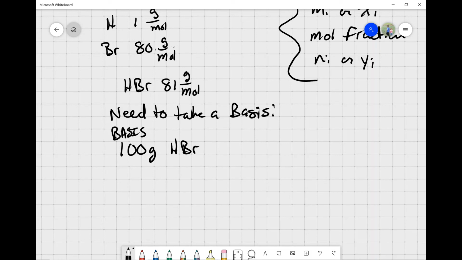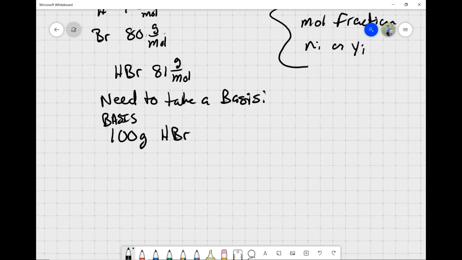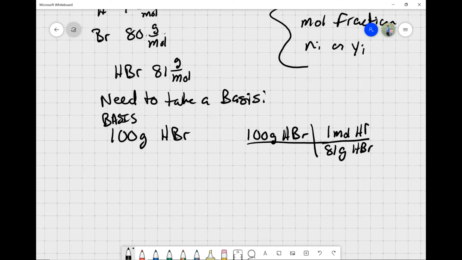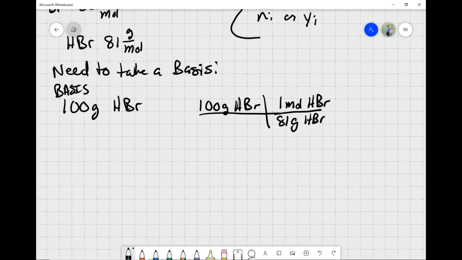So let's figure this out. We have 100 grams, and we already said that there are 81 grams in 1 mole of HBr. We're going to figure out mole fraction first, because that's just how I worked it out.